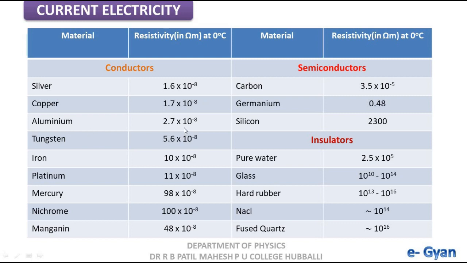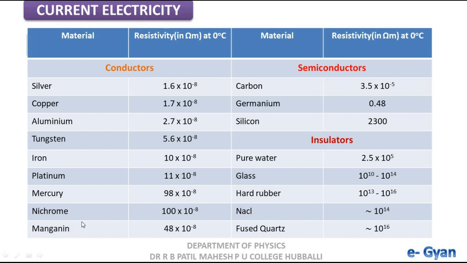For aluminium, it is 2.7 into 10 to the power of minus 8 ohm meter. For tungsten, it is 5.6 into 10 to the power of minus 8 ohm meter. And for iron, it is 10 into 10 to the power of minus 8 ohm meter. For platinum, it is 11 into 10 to the power of minus 8 ohm meter, and for mercury, it is 98 into 10 to the power of minus 8 ohm meter.